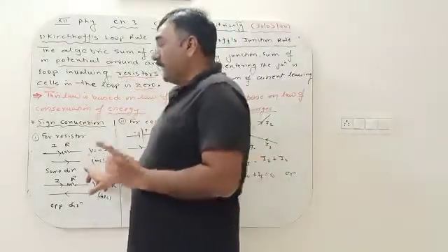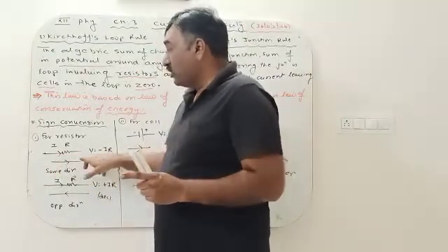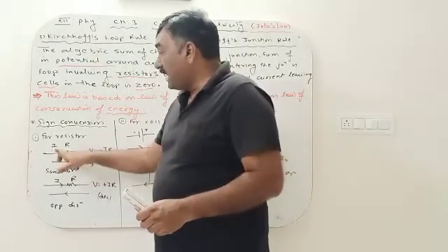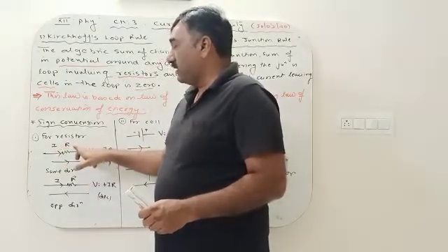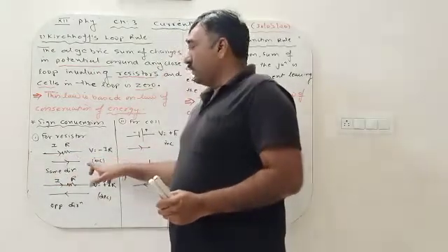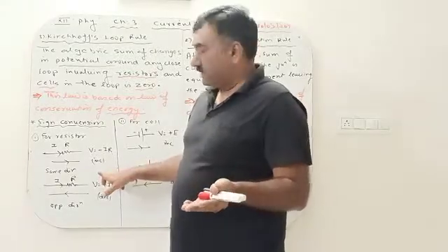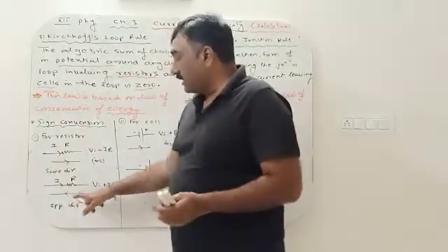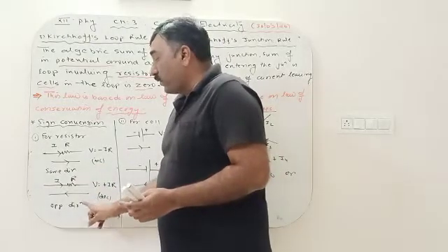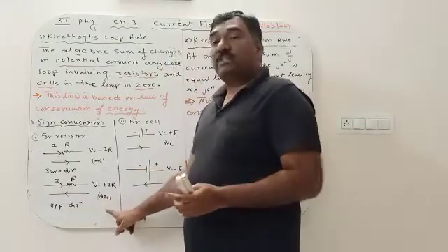Suppose we are moving in the direction of current passing through the resistor, listen, it is very important. IR is I, the current, and R, the resistance. If we are moving in the same direction as the flow of current, then potential decreases and is represented by minus. In the opposite direction, see, current is moving from left to right, and here the direction of the arrow is from right to left, opposite direction, potential increases.